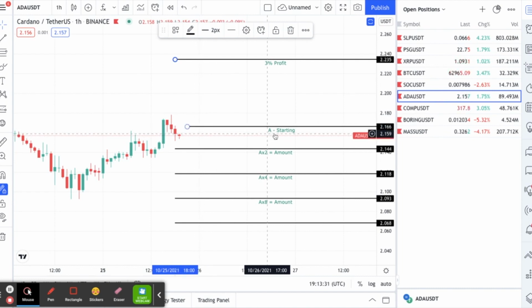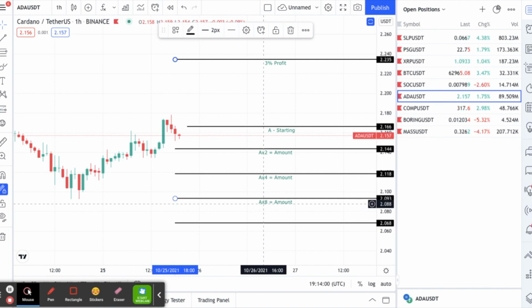For the sake of simplicity, and I'll put some numbers on this in a bit, the starting spot we're going to call A. This next line at 2.14 is going to be A times 2, 2.11 is A times 4, and 2.09 is A times 8.